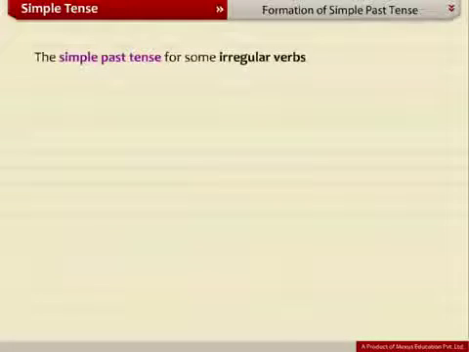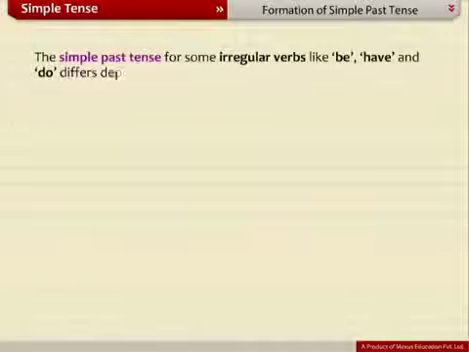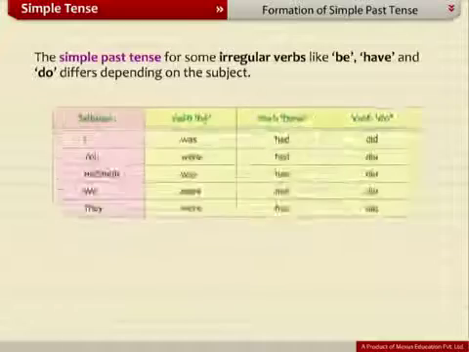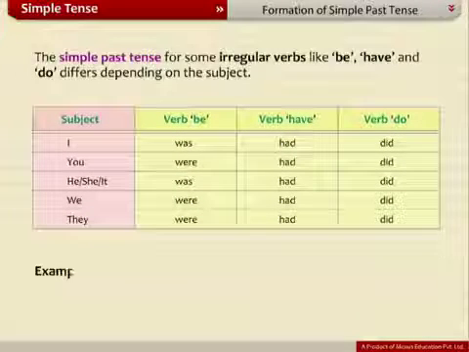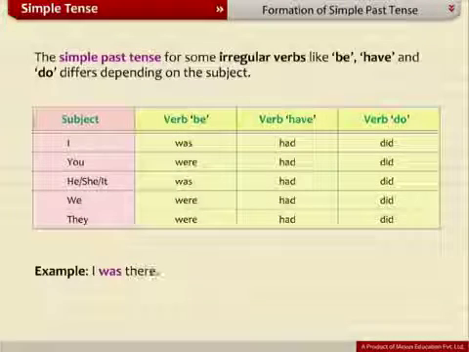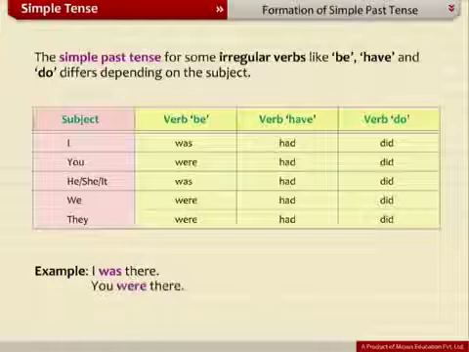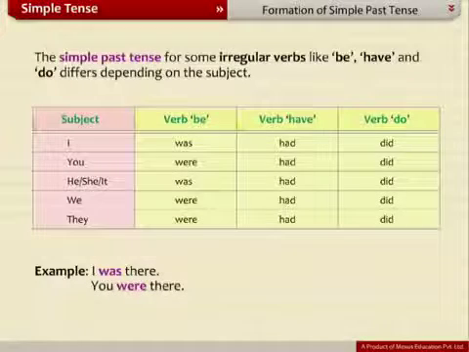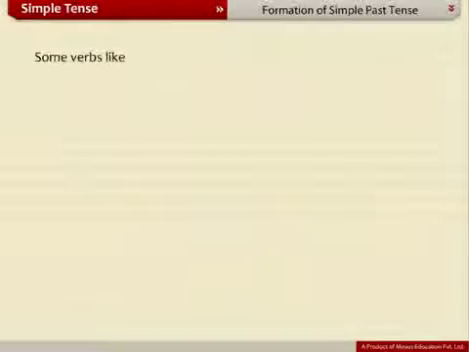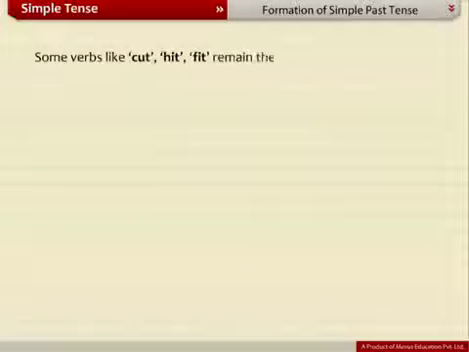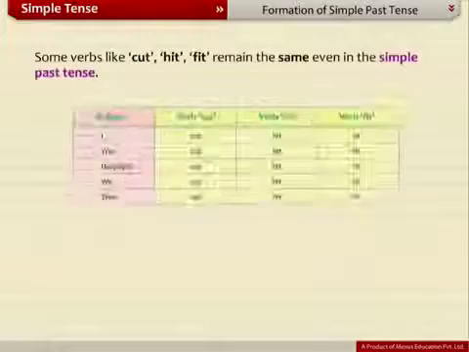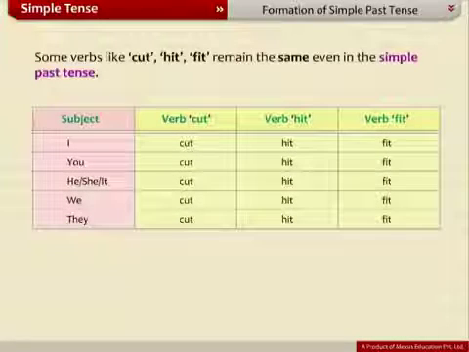The simple past tense for some irregular verbs like be, have, and do differs depending on the subject. Example: I was there. You were there. Was and were are be forms. Some verbs like cut, hit, fit remain the same even in the simple past tense.